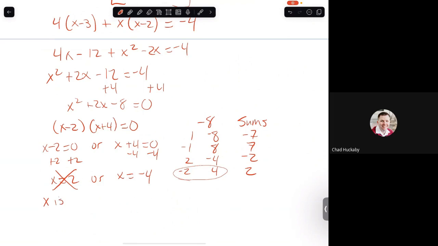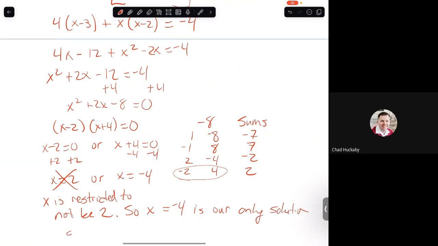X is restricted to not be 2. So x equals -4 is our only solution, and x equals 2 is what's called extraneous.